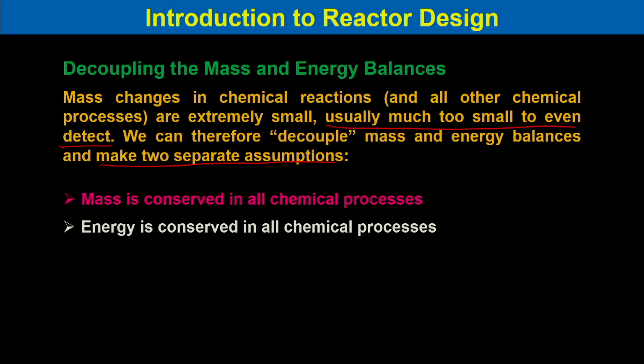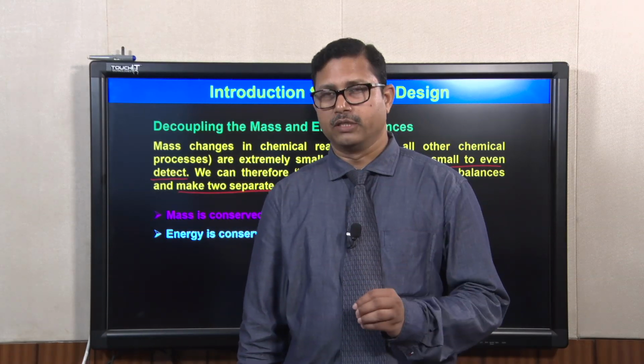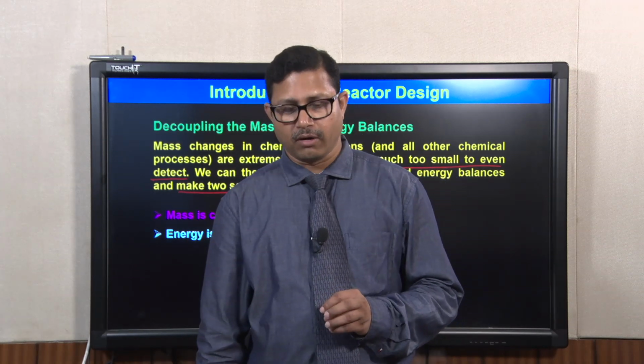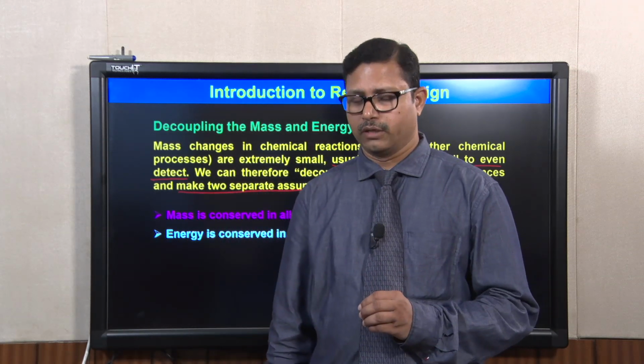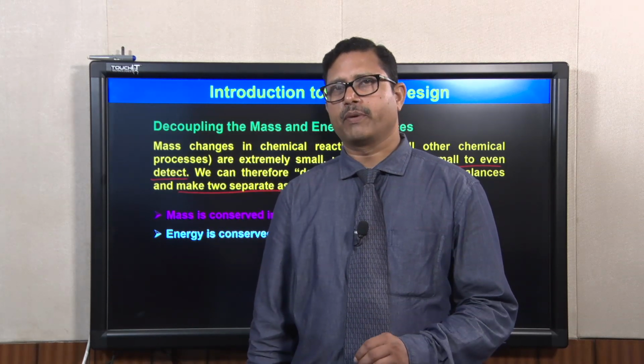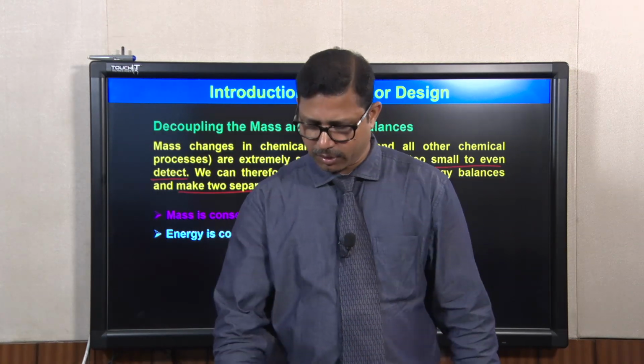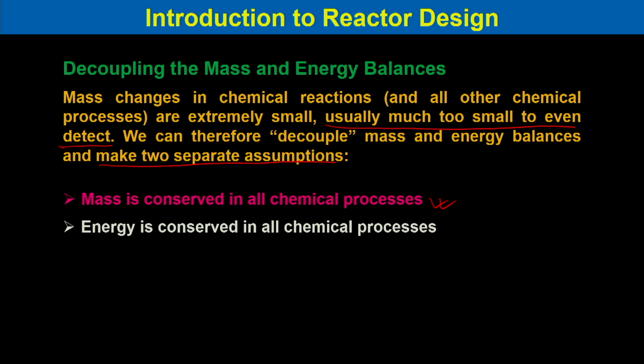With these assumptions, for highly exothermic chemical reactions in general, the change of mass due to the chemical reactions is negligible or insignificant, or difficult to detect. So, in that case we can assume these two separate assumptions: mass is conserved in all chemical processes and energy is conserved in all chemical processes.